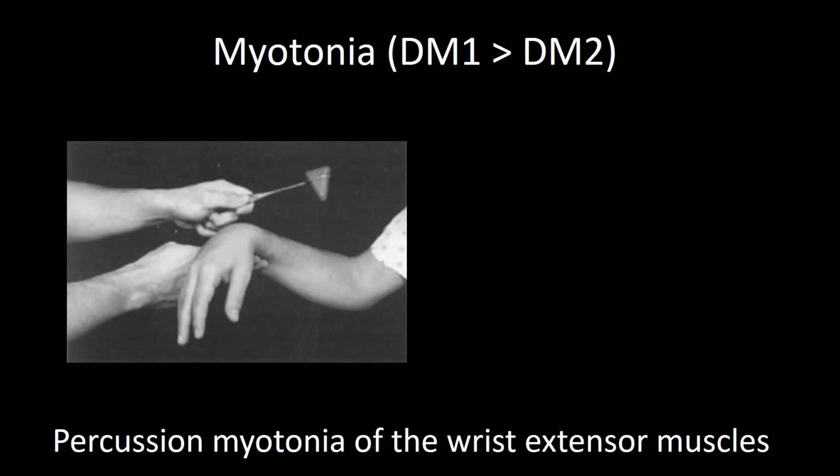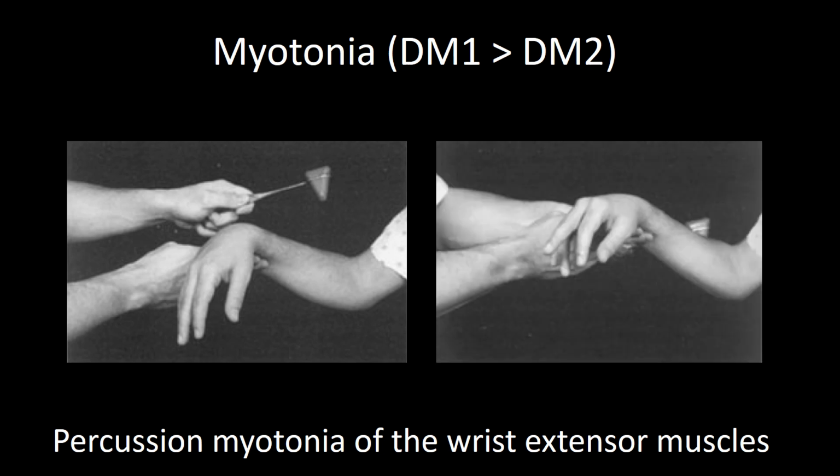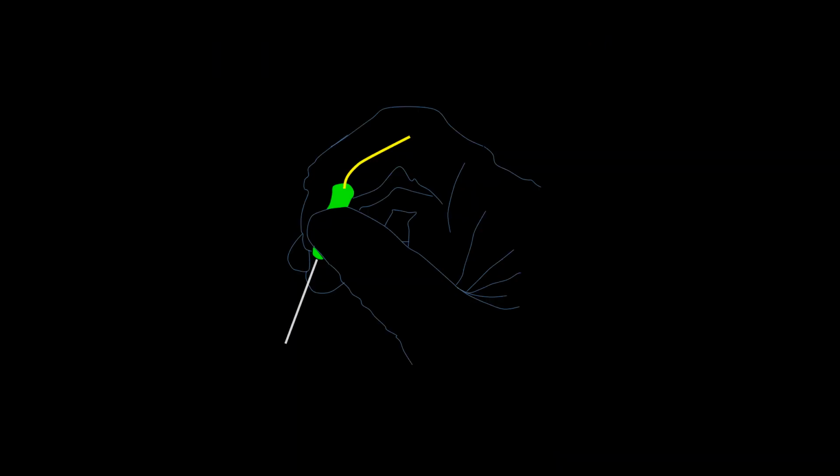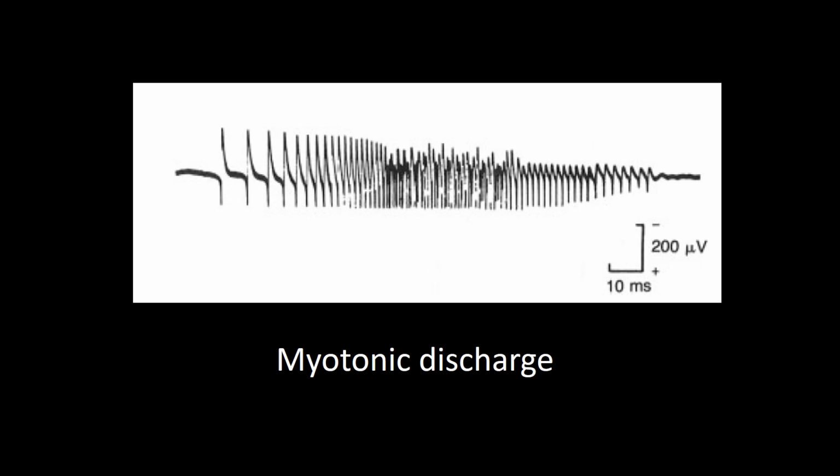Myotonia can also be triggered by percussion outside the hand, as you can see in this photograph. Percussion of the wrist extensors will produce sustained wrist extension, as seen here. But probably what sealed the term myotonic dystrophy for this condition was one EMG finding: the classic myotonic discharge.